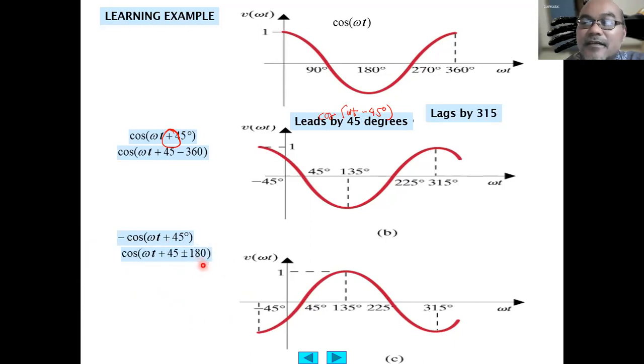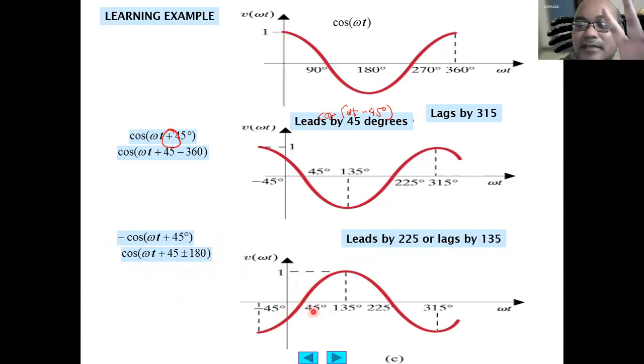Negative cosine omega t plus 45 degrees we can convert to cosine omega t plus 45 degrees minus 180, minus pi. Pi is 180 degrees, right? Plus minus. So if you choose plus, this becomes cosine omega t plus 225 degrees. If you choose minus, this becomes cosine omega t minus 135 degrees. So you can express this as either a cosine wave that leads the first wave by 225 degrees, or lags the first wave by 135 degrees.